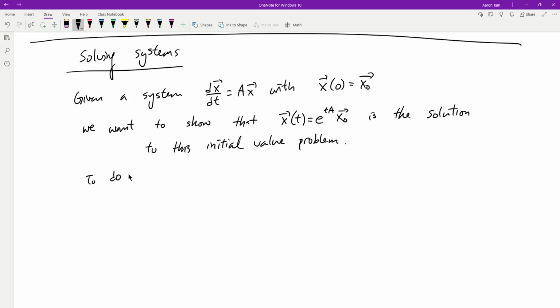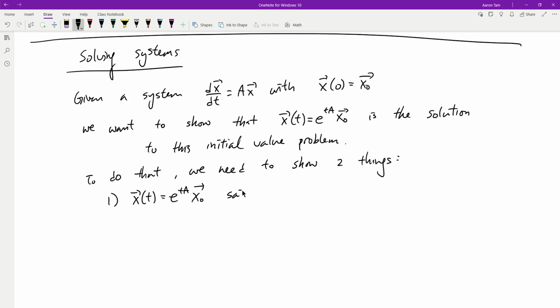To do that, we need to show two things. So which two things? Number one, vector x of t equal to e to t a vector x sub 0 satisfies the differential equation d vector x over dt equal to a vector x.